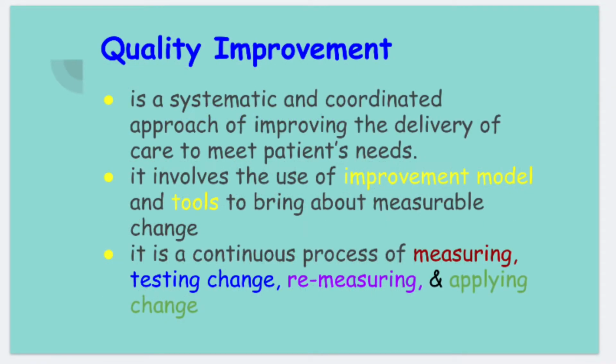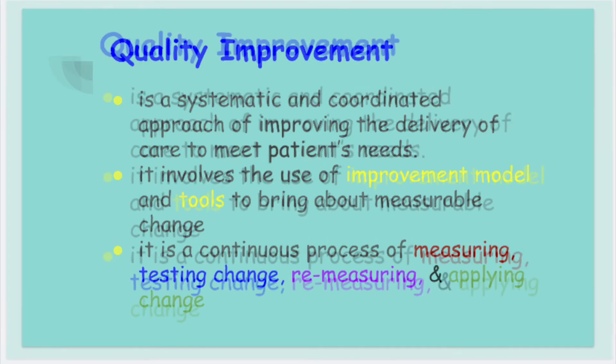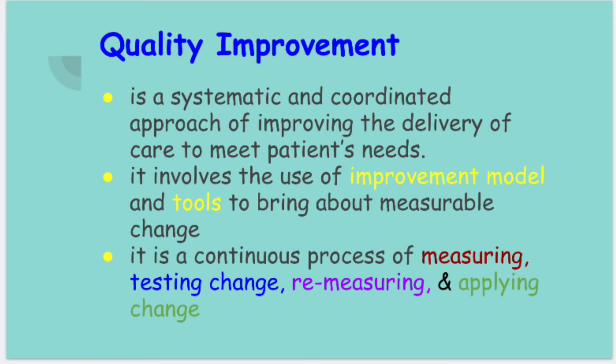Quality improvement is also a systematic and coordinated approach of improving the delivery of care to meet patients' needs. It involves the use of improvement model and tools to bring about measurable change. It is a continuous process of measuring, testing change, remeasuring, and applying change.